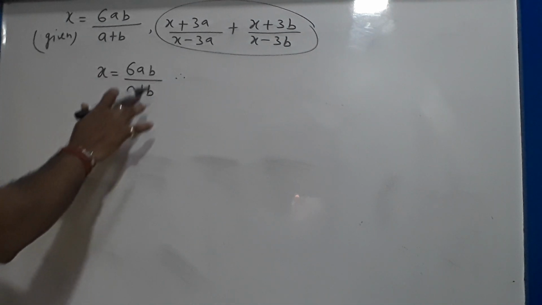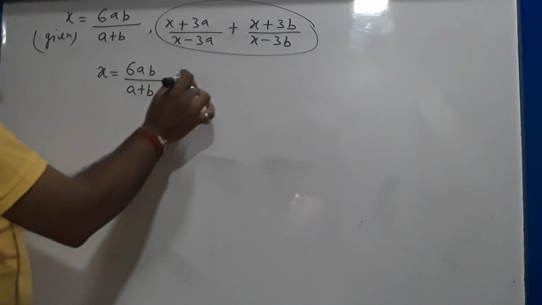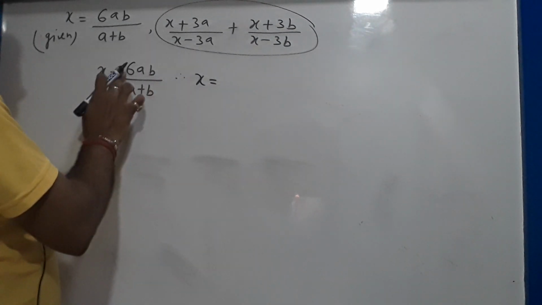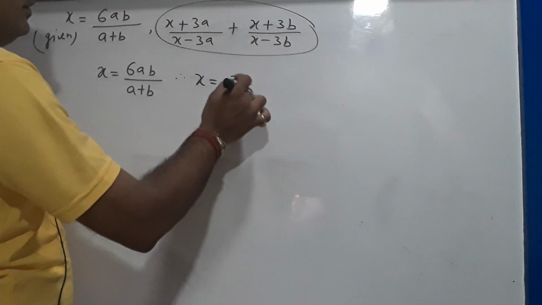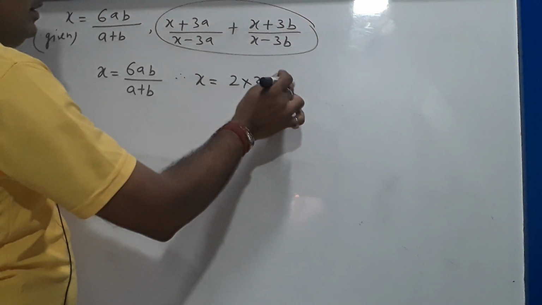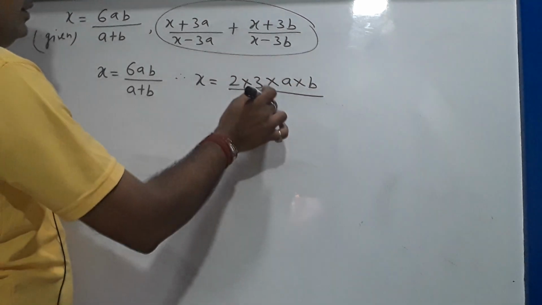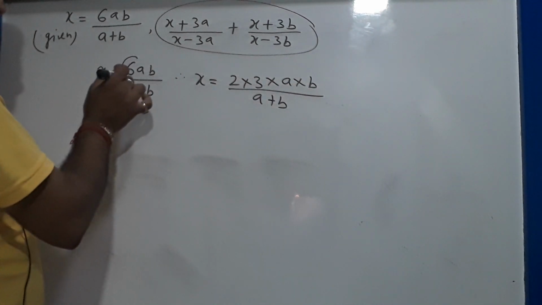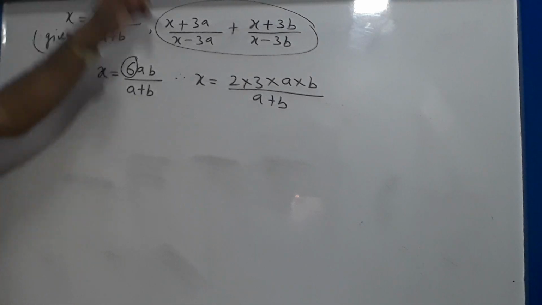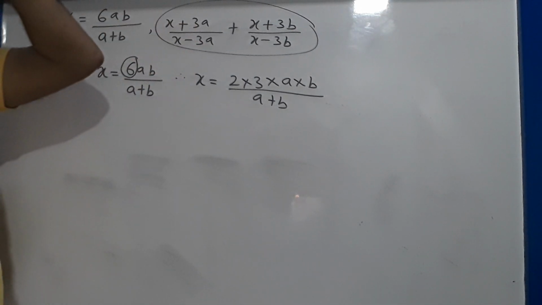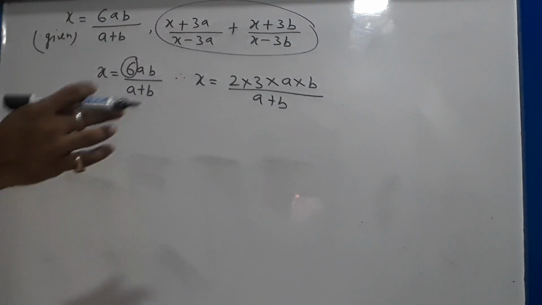So this x I will write as 6, I can write 2 into 3 into a into b upon a plus b. This 6 I have split because we want to bring this 3 in the picture. So 6 I will write as 2 into 3.